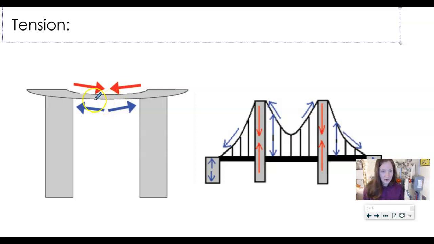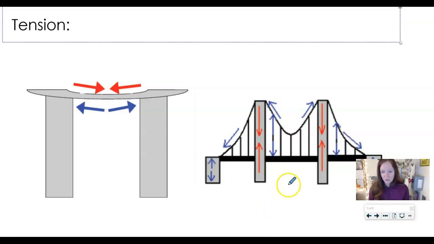So in this case, the bottom part of the bridge is under tension. This bottom part of the beam is being pulled apart and stretched. And we know that beam bridges struggle with too much load. So if you get too much tension under that, you're going to cause some snapping of the bridge.